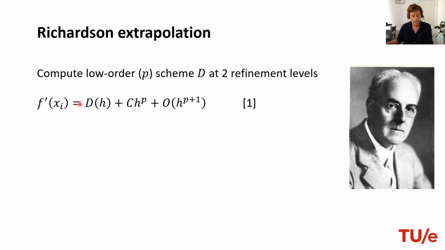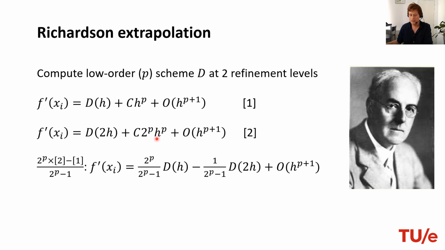We again evaluate our numerical approximation on the right-hand side at 2h. Out comes a leading order error term of 2 to the power p times c times h to the power p, and then using some algebraic manipulation of both equation 1 and 2, you can come up with this general formula for any order p.